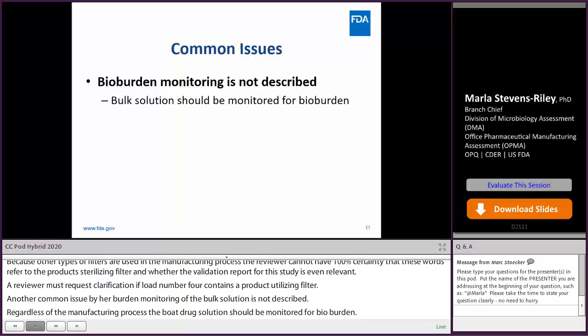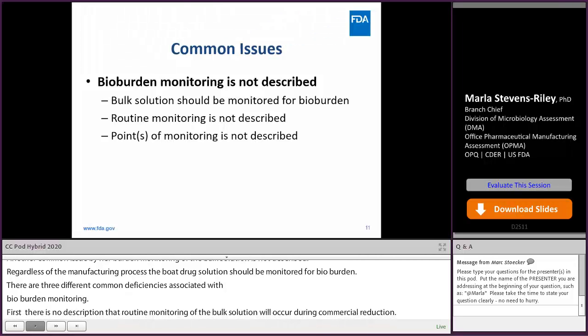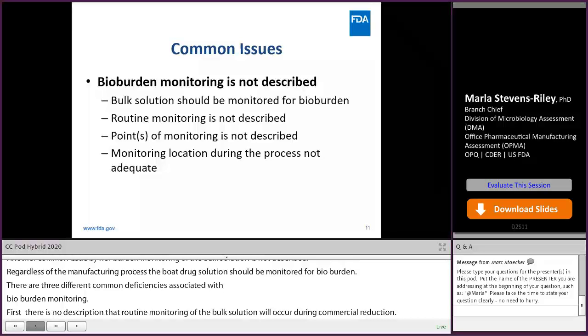First, there is no description that routine monitoring of the bulk solution will occur during commercial production. Second, bioburden monitoring may be described, but the point of monitoring during the manufacturing process is not described. Finally, bioburden monitoring is described, but the location of monitoring in the manufacturing process is not adequate.